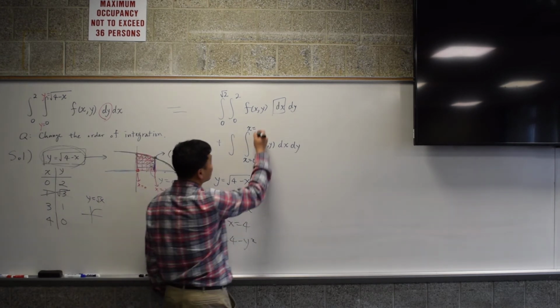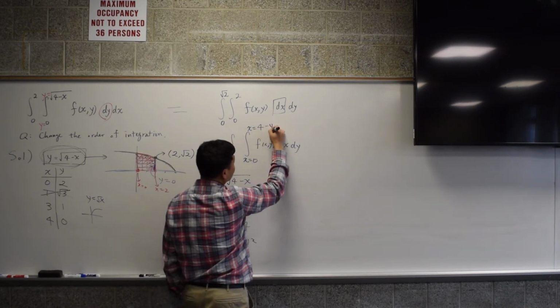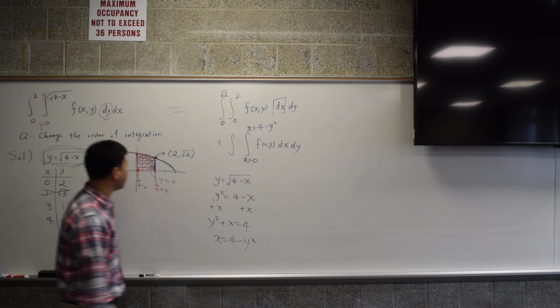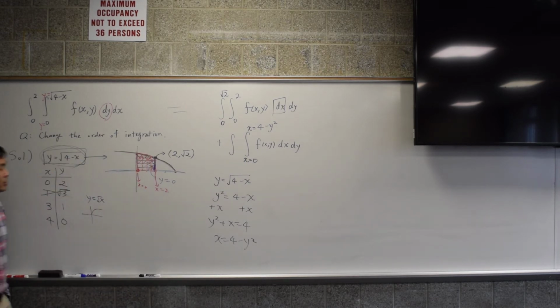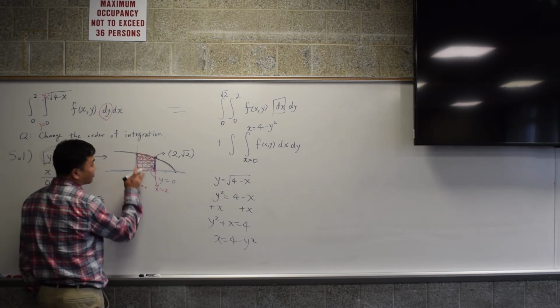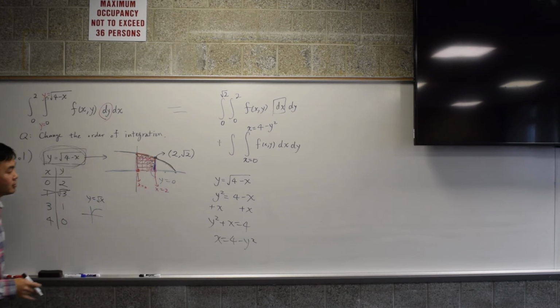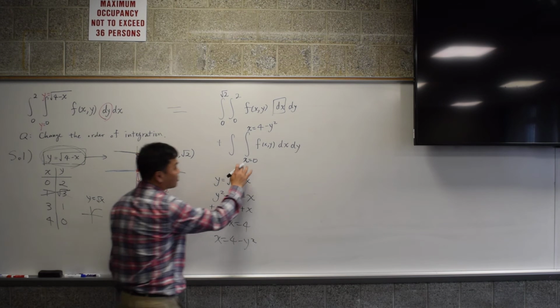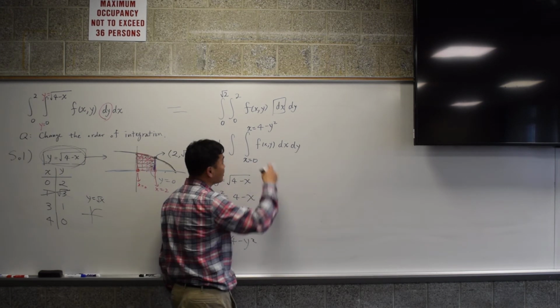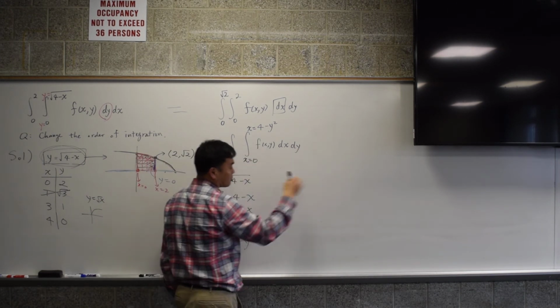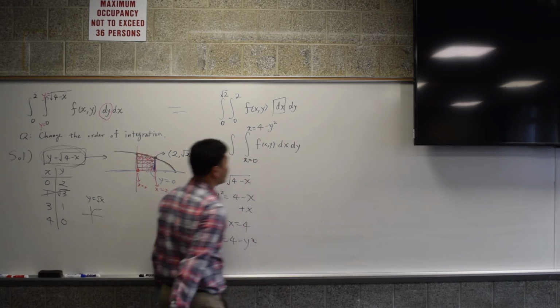So that's what I'm going to do: 4 minus y squared. Okay. And what we're getting is x starts from here and x ends here. X equal to 0 is that line on the left side. This is that curve on the right side. So you start from here and you end there.